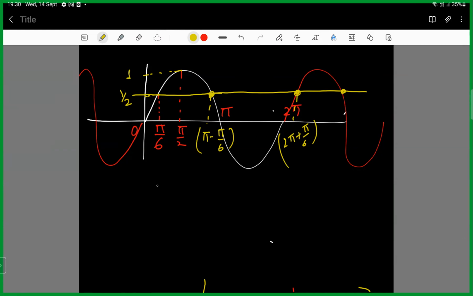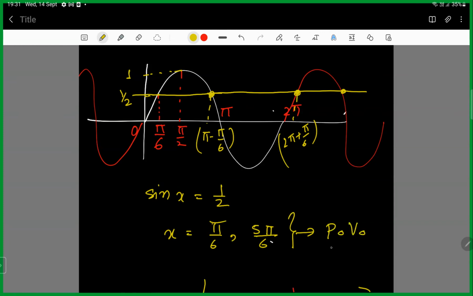For now, I'm solving sine x is equal to 1 by 2. If sine x is equal to 1 by 2, then x will be equal to either pi by 6 or 5 pi by 6. Isn't it? So these two are the principal values.